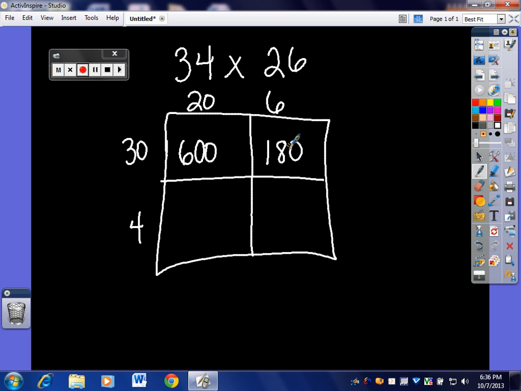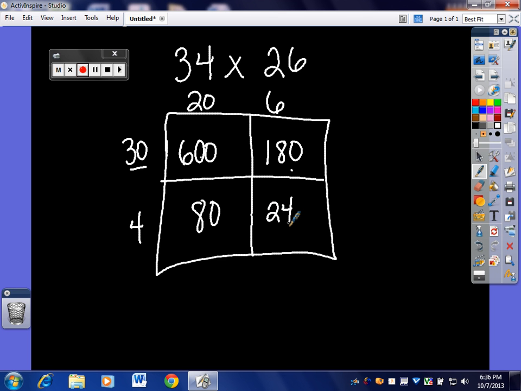Notice the numbers on the side and the numbers on the top, wherever we multiply them, that's the box that they fit in. So 30 times 20, they meet right here in the middle of their box. 30 times 6, they meet right there in their box. Okay, so let's do the same thing with 4. 4 times 20 is 80, and 4 times 6 is 24.